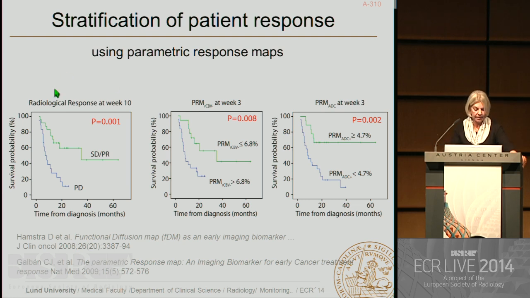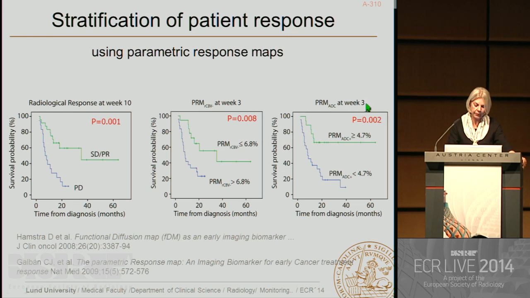So looking here at the parametric response map with cerebral blood volume at week 3, depending on the cerebral blood volume changes, now we're talking changes in values, not numbers. The ones that had less change had a better survival compared to those that had a higher change in cerebral blood volume, whereas those that had a higher change in ADC had a better survival than those that had a lower change in ADC numbers, voxel by voxel.